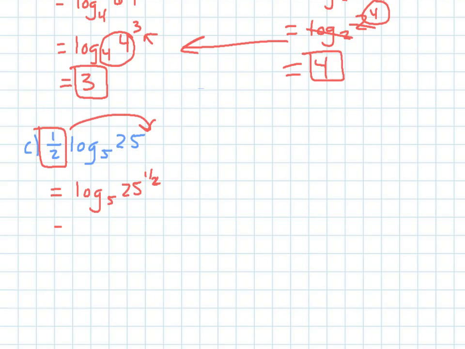So if I do log of the square root of 25 base 5, that's the same thing as a log of 5 base 5. And then notice that your power is 1. Or another property says that if they're just equal to each other, there's no exponent, then it's always equal to 1. And so then that would be my answer.